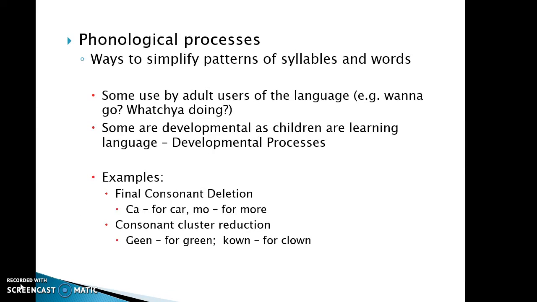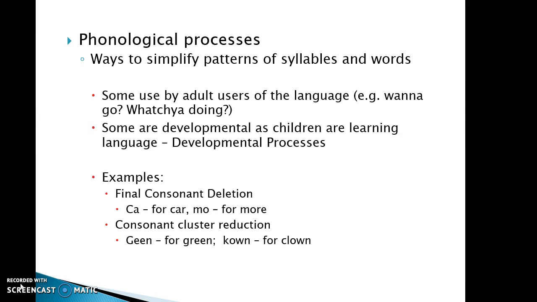And the last piece is this idea of phonological processes that we've actually already talked about. We mentioned that there are developmental aspects of use of phonological processes that are very much a part of early language development. For example, very young children are likely to use a phonological process like final consonant deletion, "ka" for car, "mo" for more, or consonant cluster reduction, "geen" for green, "cown" for clown.